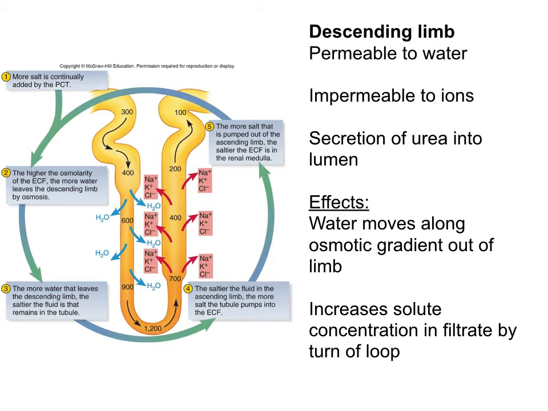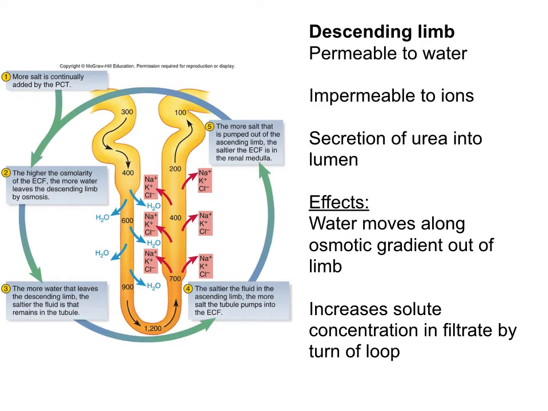Your descending limb is very permeable to water. So water can cross its walls very easily, but it is completely impermeable to most solutes, especially ions. So there's no movement of sodium, no movement of chloride, no movement of potassium, nothing. So very permeable to water, no permeability to anything else.